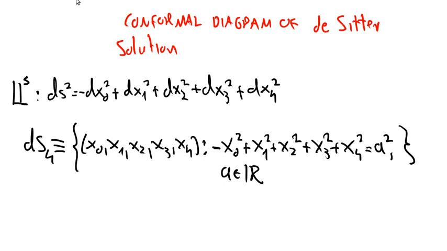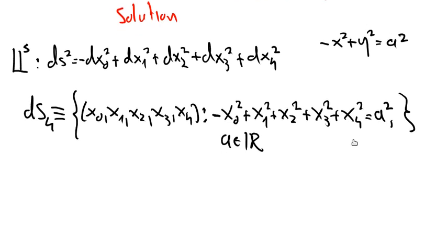Remember the expression of a standard 2-dimensional hyperboloid, right? And so this is the same, but now with more coordinates. So it is very simple to understand that we are looking at a hyperboloid here. But for our purposes, we need a metric in 4 dimensions.